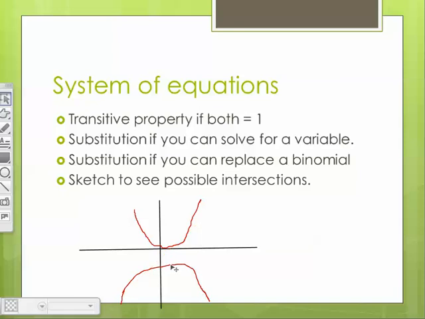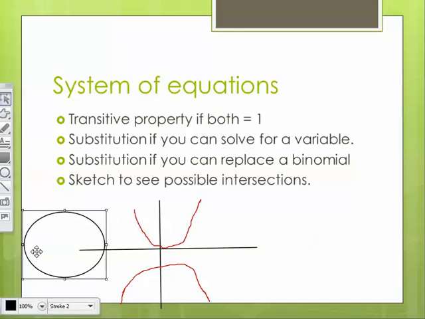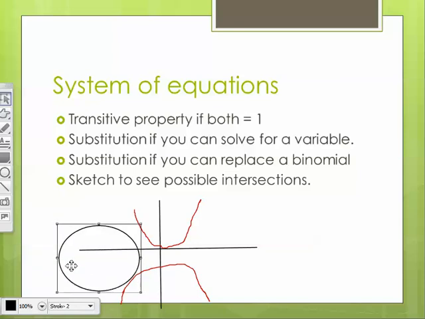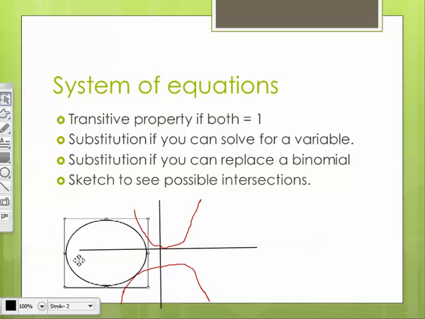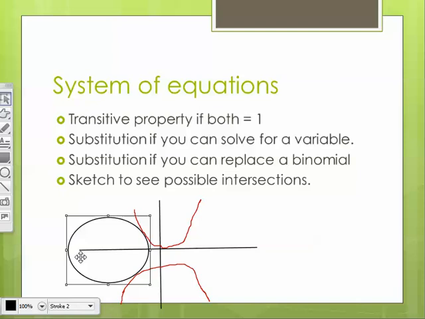Ooh, interesting. What happens if it's a circle or ellipse and a hyperbola? Yeah, they could not touch at all. They could be such a way that they don't touch in any way, shape, or form, right? Those don't touch. 0. It could touch once. It could touch twice. It could touch 4 times.